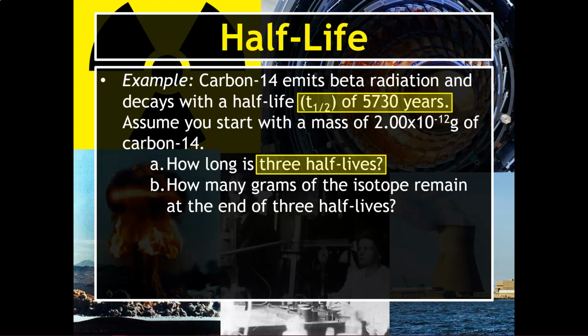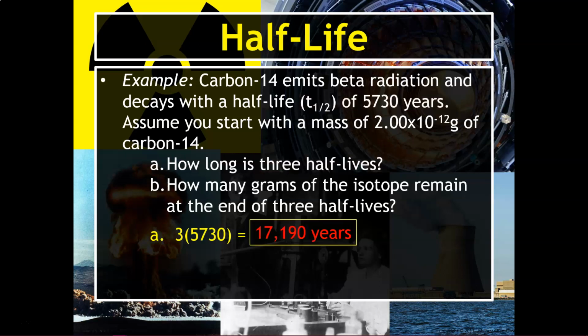So let's first focus on the fact that we're looking at 3 half-lives, and each half-life has a time of 5,730 years. So what we do is we multiply the 3 half-lives times that amount of years, and we get 17,190 years. Let's move on to part B. Part B says how many grams of the isotope remain at the end of 3 half-lives.